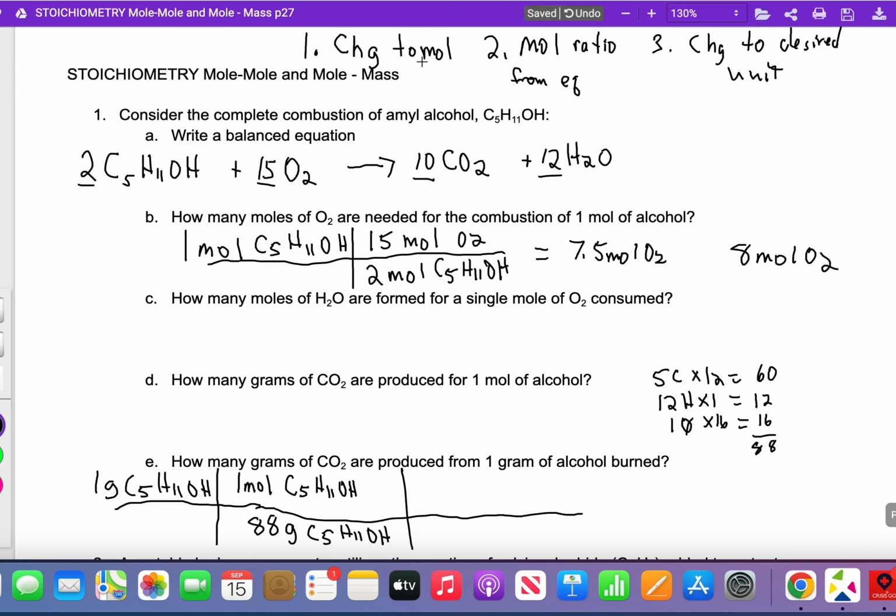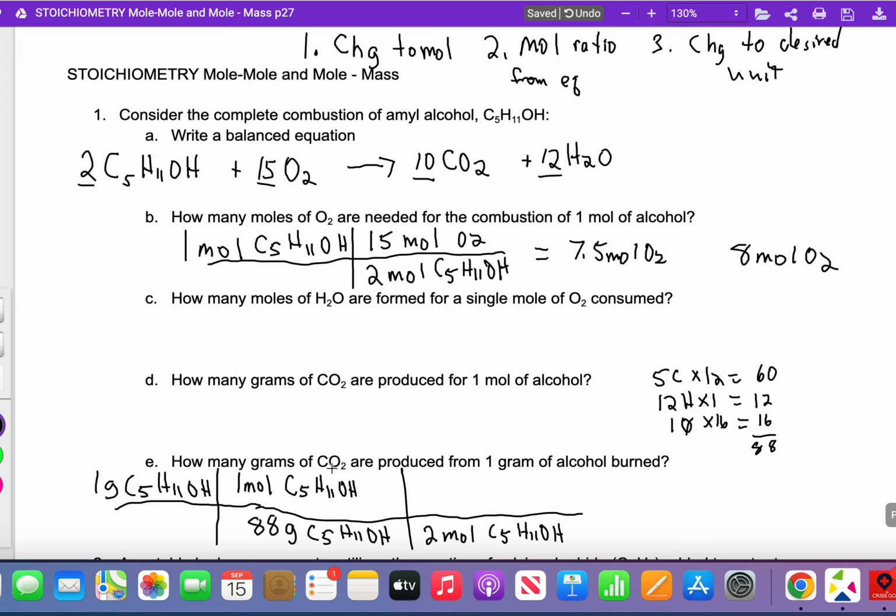So I did step 1. I changed to moles. Step 2, mole ratio from the balanced equation. Okay, see how we have moles of C5H11OH, so we have to find that up here. So 2 moles C5H11OH. This is the mole ratio step. I'm getting it from the equation. Okay, what am I trying to go to?